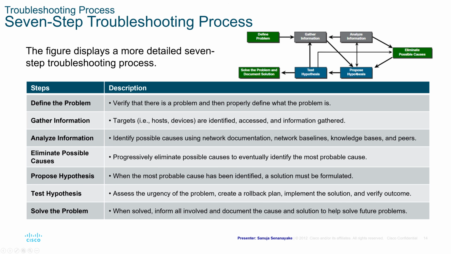Now in here, you can analyze that information and the hypothesis associated with it, or you can test the hypothesis right away, and you can then use this flowchart to solve the problem and document the solution.